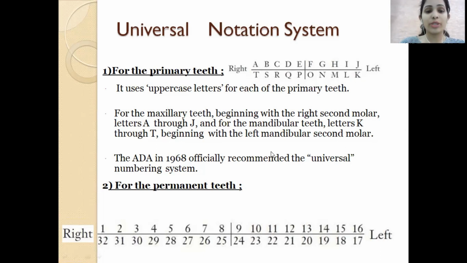Now for permanent teeth, for the right upper second molar, it starts with number 1 and extends till number 16 for the left upper second molar. And similarly, for mandibular dentition, it starts with left lower second molar with number 17 extending till right lower second molar, that will be denoted by number 32. So 1 to 16 for the maxillary dentition and 17 to 32 for mandibular dentition.